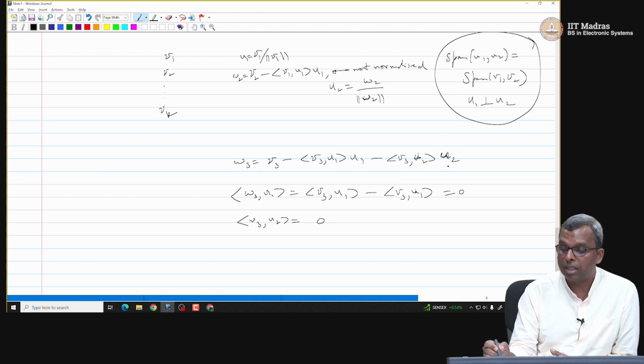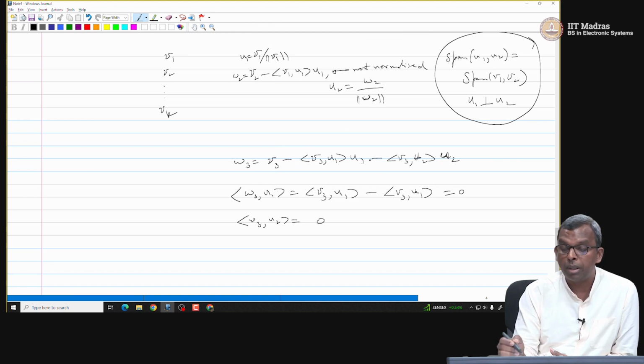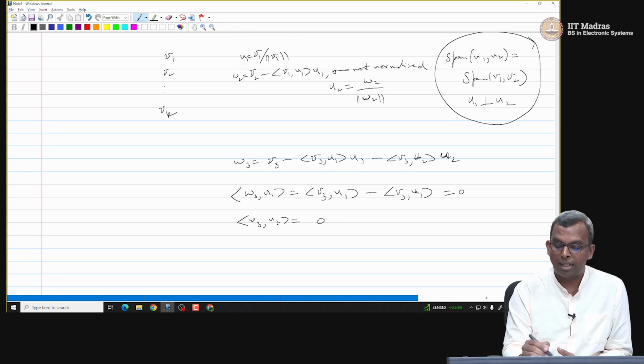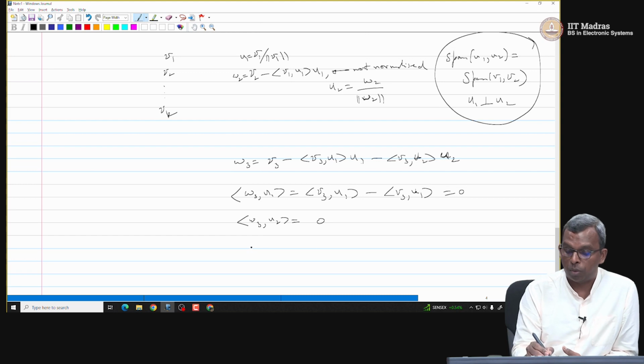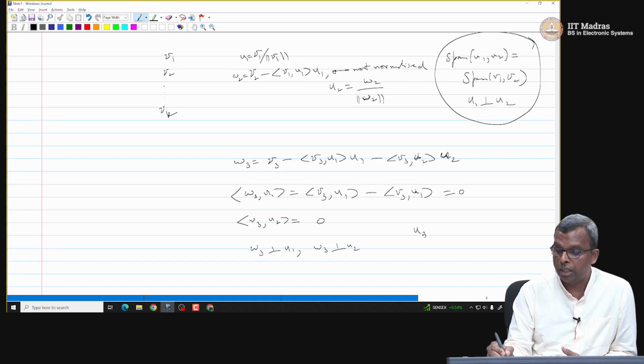So, when I do this step here, I take the part of v3 that is along u1, subtract it off, the part of v3 that is along u2, subtract it off in such a manner that what remains is perpendicular to all that I subtracted off. Okay. So, that is the crucial part. So, w3 when I form like this, I have this wonderful property that w3 is perpendicular to u1, w3 is perpendicular to u2. So, all I need to do is to define u3, normalize w3.